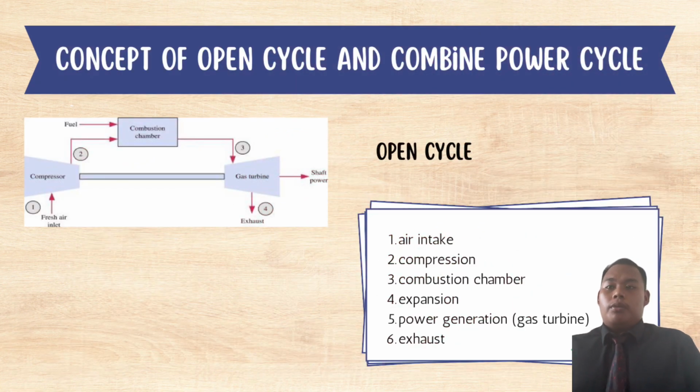Next is the concept of open cycle and combined power cycle. So for open cycle, we have six concepts, which are air intake, compression, combustion chamber, expansion, power generation, gas turbine, and exhaust.